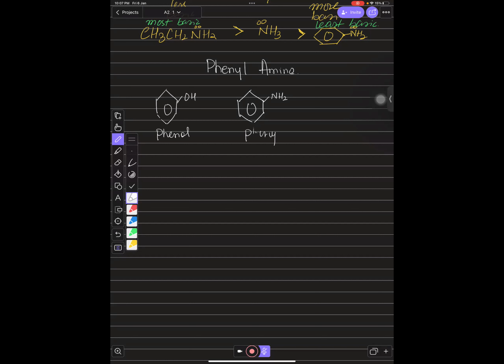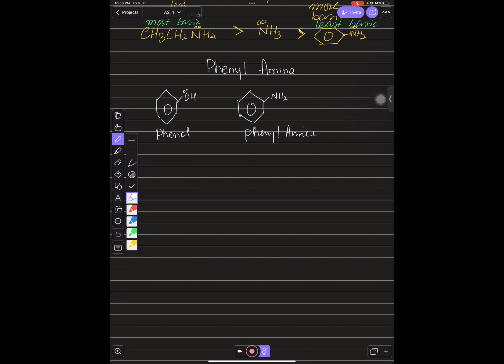They are similar because their ring receives lone pairs from the nitrogen, and in phenol from the oxygen.